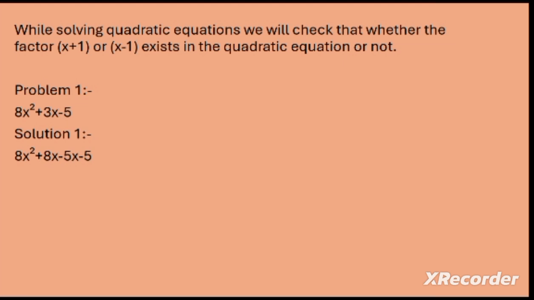First of all, you will see what the sign of the middle term is. The sign of the middle term is plus, it is positive, plus 3x. So after writing 8x square as it is, you will write down plus. Fine.